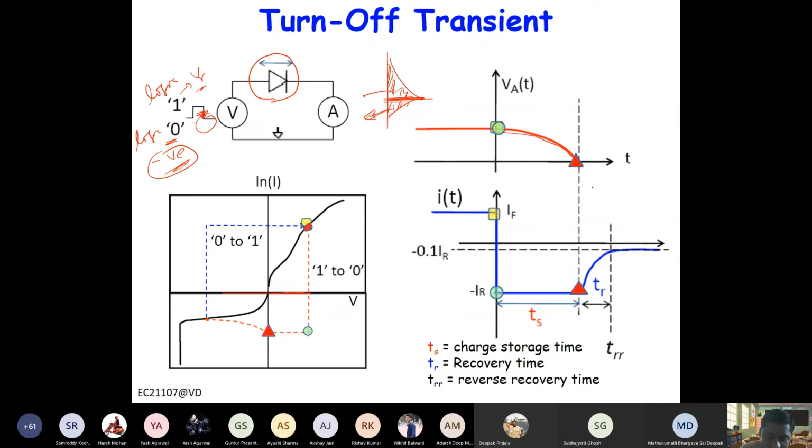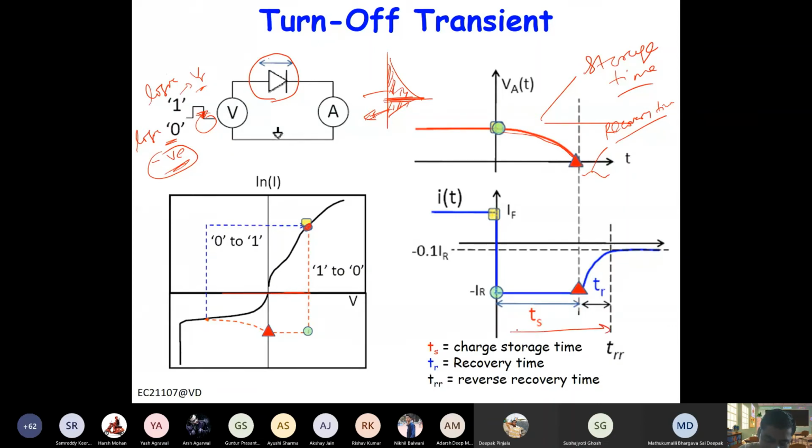That is basically you are recovering the charges, right? So these two regions are divided as, this is basically your storage time. So the stored charge is removed during this time, and this is your recovery time, right? So during this, the minority charge is recovered from each side basically.